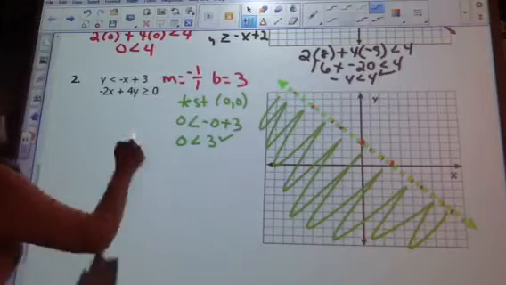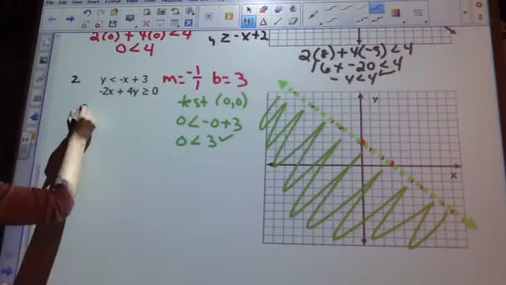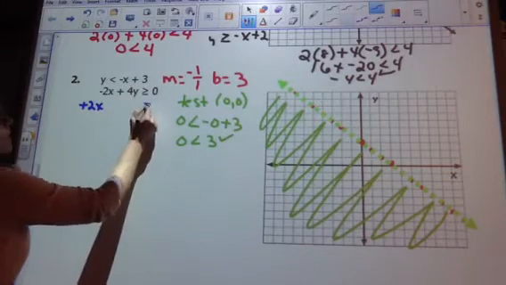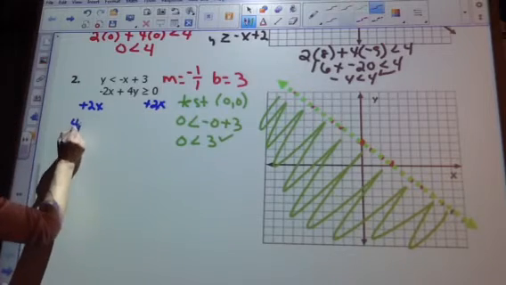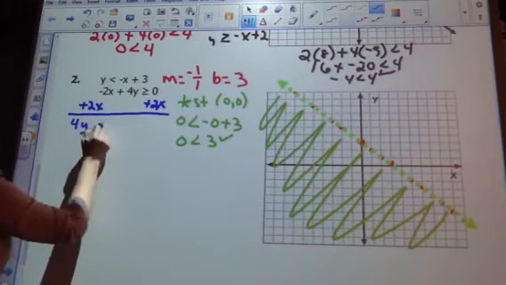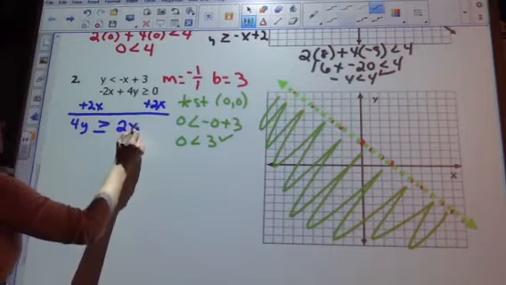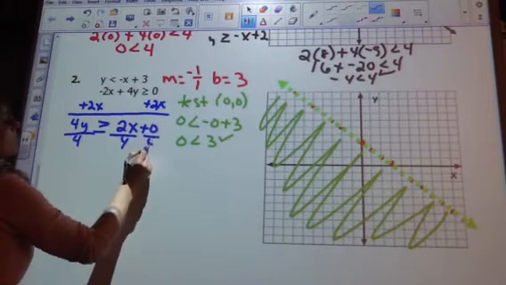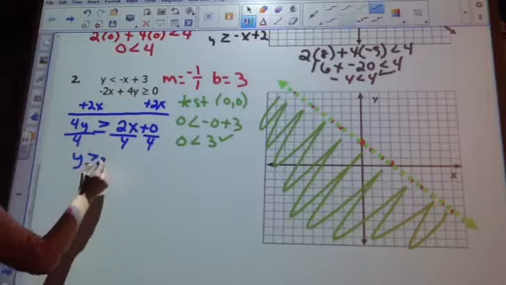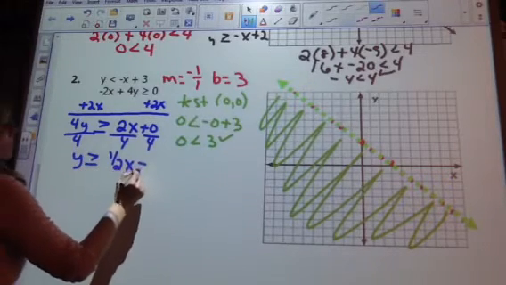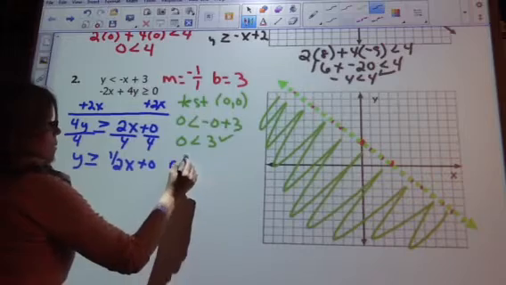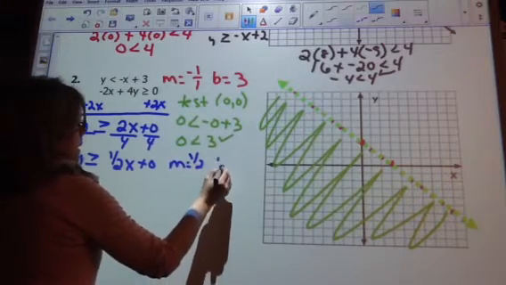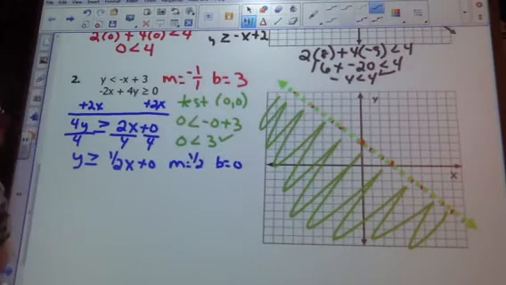Now we need to isolate our variable y on this one. So let's add 2x. So my slope is 1/2, and my y-intercept is 0.